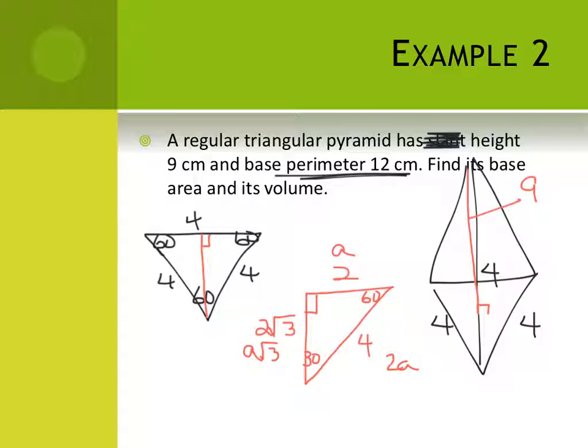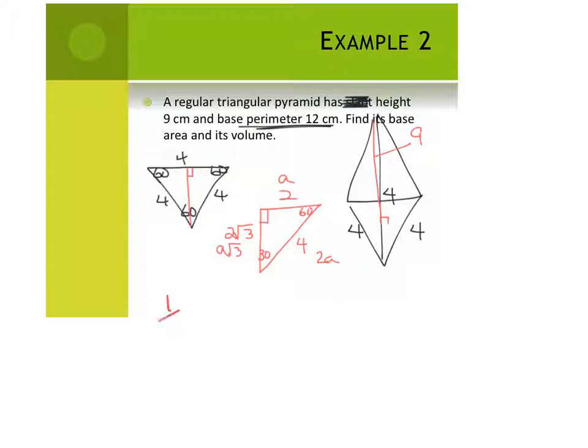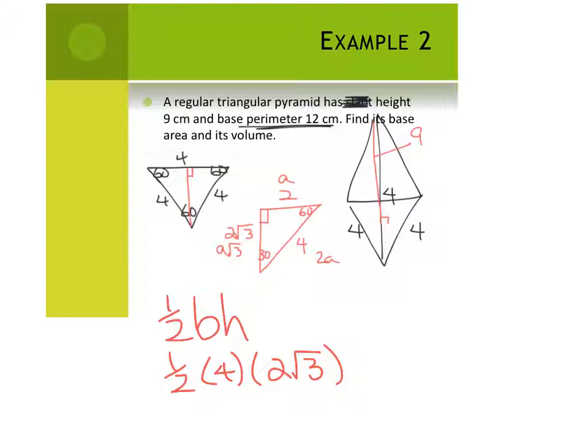So now that I have the height of the triangle, I can do the formula for area of a triangle. The area of the base can be found by doing 1/2 little b times height. So 1/2, the base is 4, and my height was 2 radical 3. I'm going to simplify. Before I multiply, I could divide this and make this a 2.